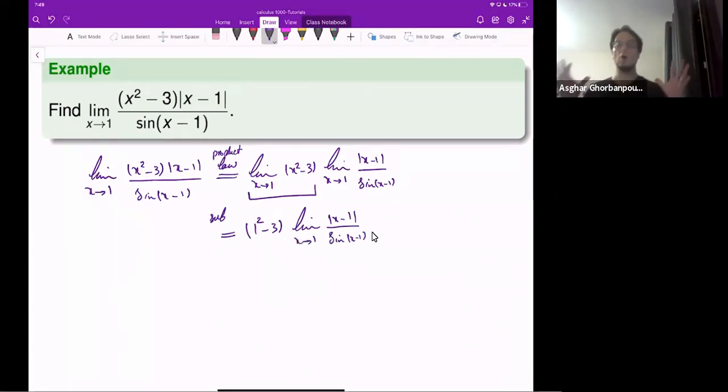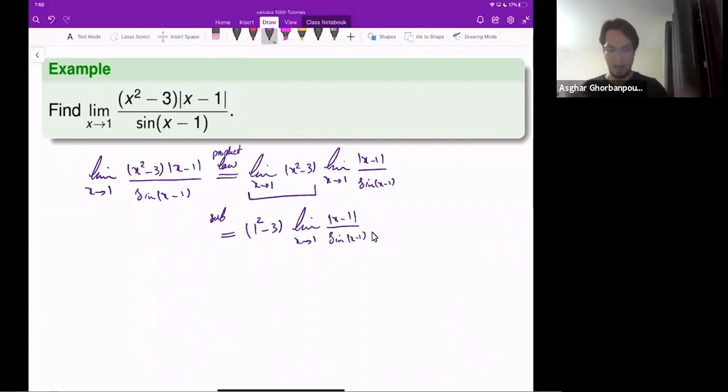1. One thing that I always say is that if you're dealing with a piecewise defined function, you have to work with right and left limits.